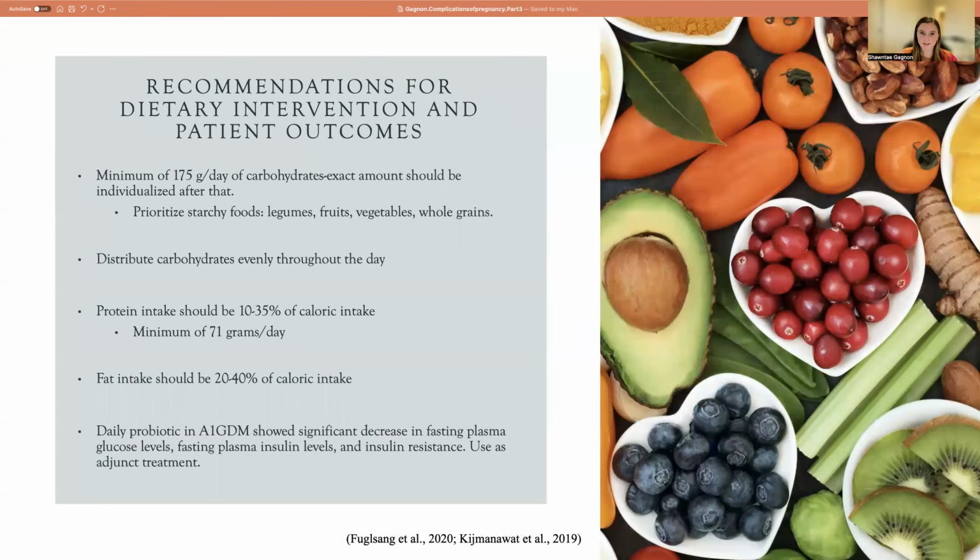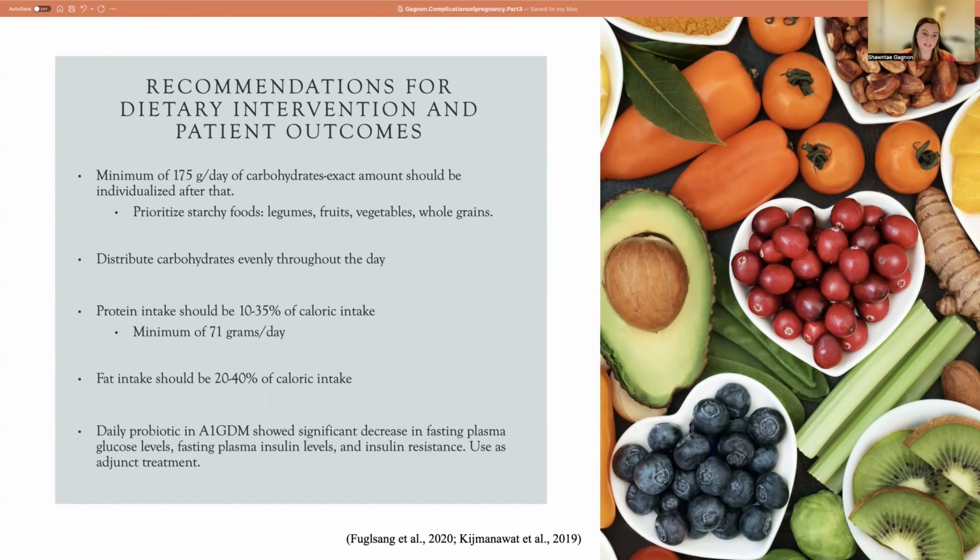So now let's talk about recommendations for dietary intervention and patient outcomes. It's been suggested that lifestyle modification alone, diet and exercise, is sufficient to control blood glucose. It's been found to be that way in 70 to 85% of the women who have been diagnosed with gestational diabetes.